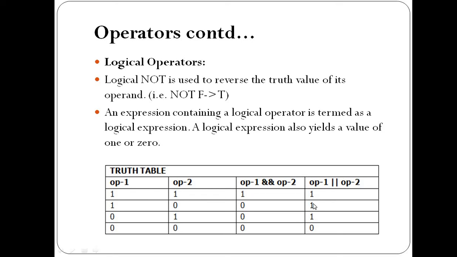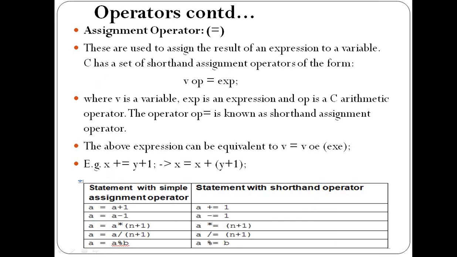But in OR it will be true because only one needs to be true. If the first is false and the second is true, then AND is again false, but OR will be true. And if both are false, then AND is false and OR is also false. Okay, so that is the basic concept behind logical operators. That is the third category.